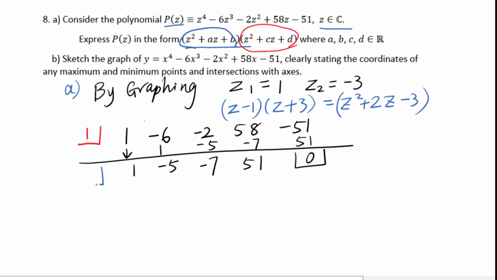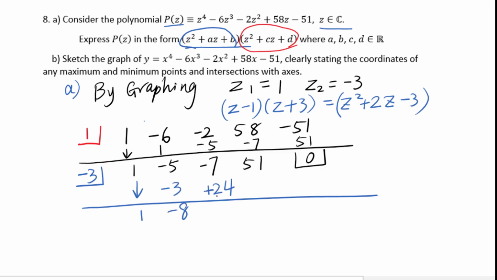Keep doing synthetic division using the second root, negative 3: 1, negative 3, negative 8, positive 24, positive 17, negative 51, 0. Let's check the degree.